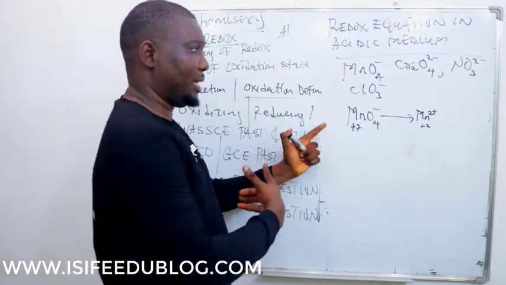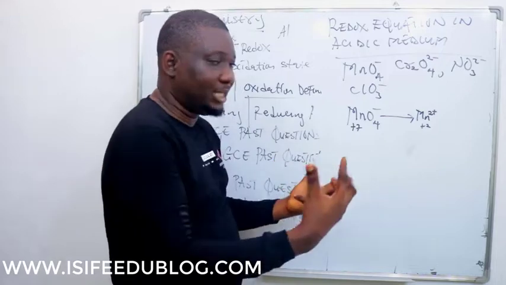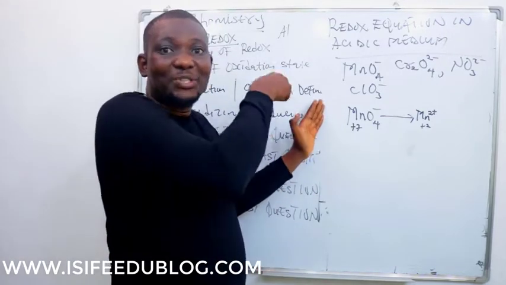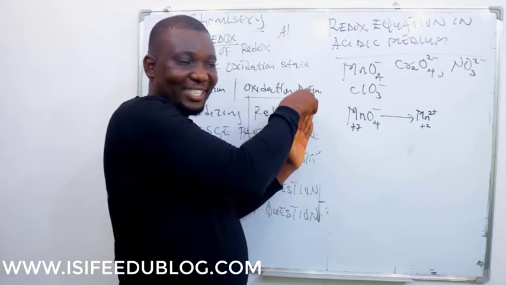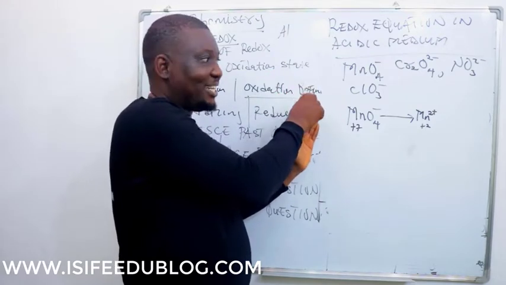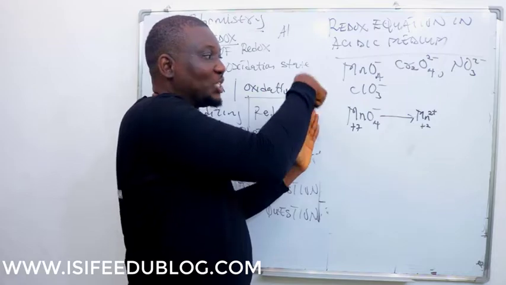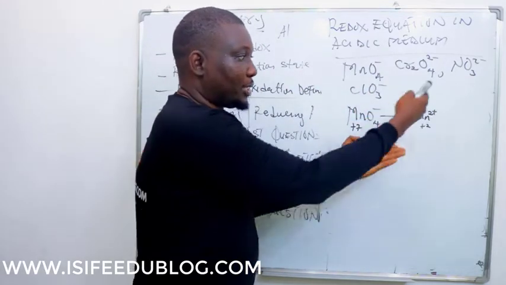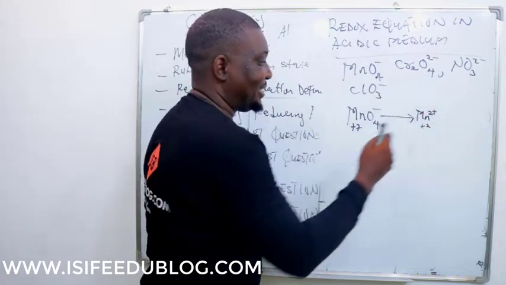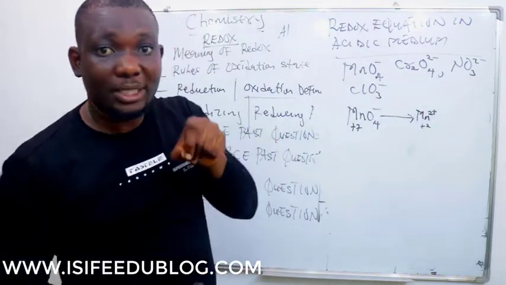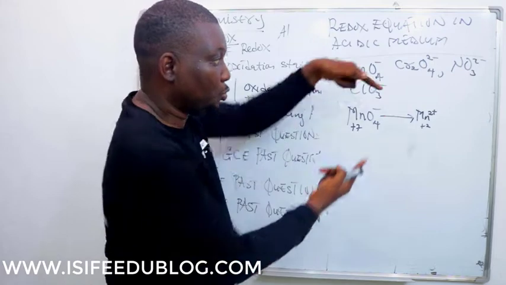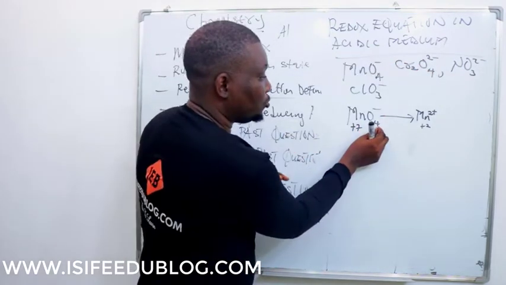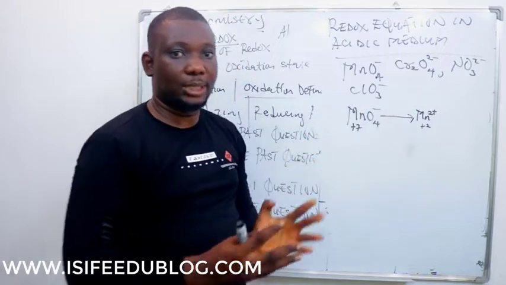But if I'm trying to balance this redox reaction in acidic medium, that means this side should be carrying hydrogen ion, and that hydrogen ion is as a result of the water molecule in the product. So the product, which is always at the right hand side, should bear a number of water molecules whose oxygen should balance the oxygen in the oxoanion.